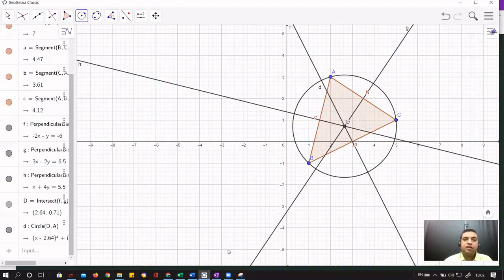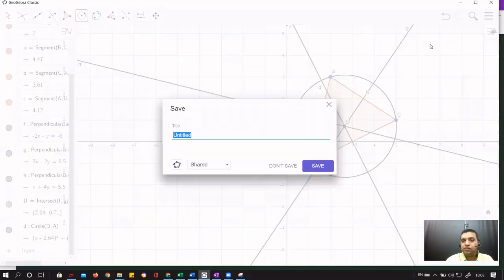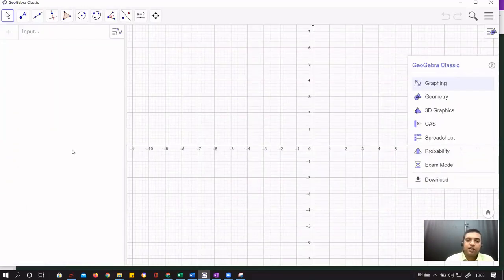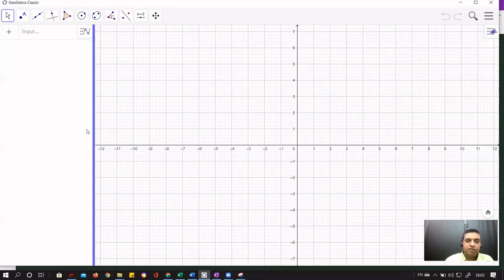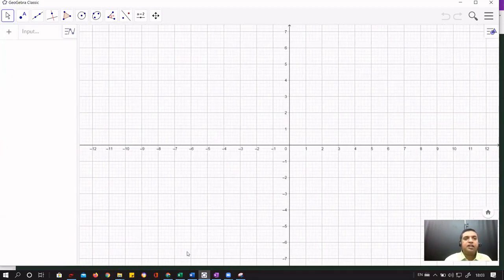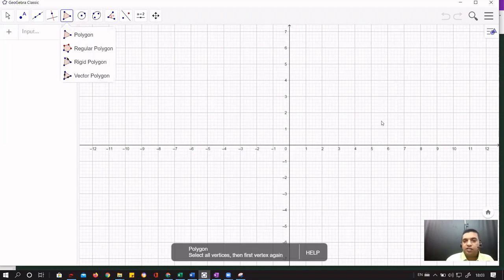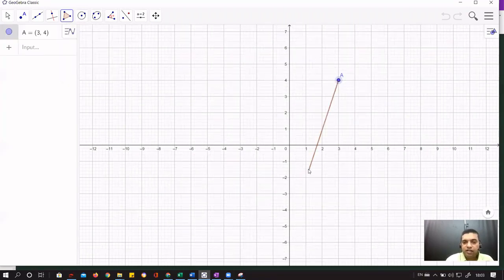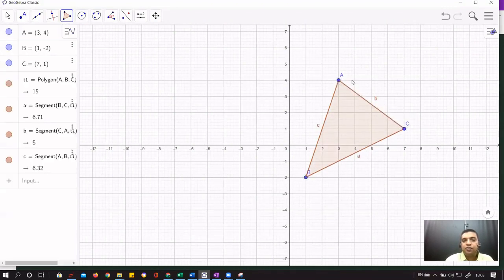Okay, we'll just see this. Okay, we have now another fresh graph. Again, I will take a similar triangle as we have done last time. So this is a triangle ABC.